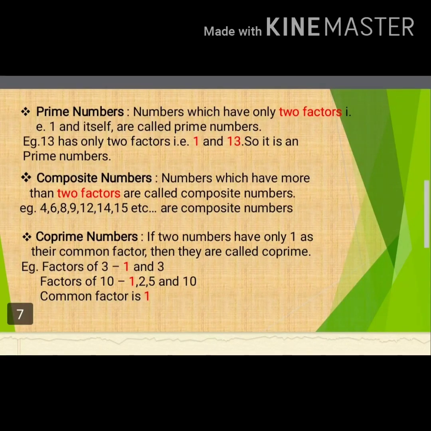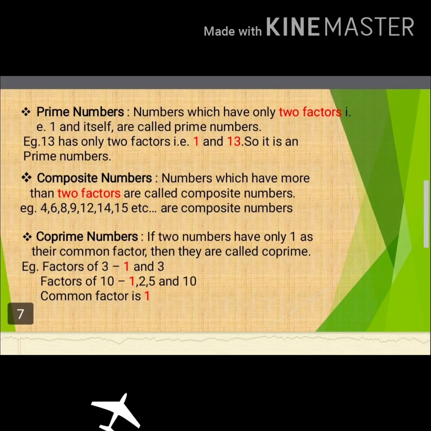If I take an example, 3 and 10. Factors of 3, I will get it as 1 and 3 because 3 is a prime number. Factors of 10 will be listed as 1, 2, 5 and 10. When I compare both the factors, I observe that 1 is the only common factor. So 3 and 10 are called co-prime numbers.